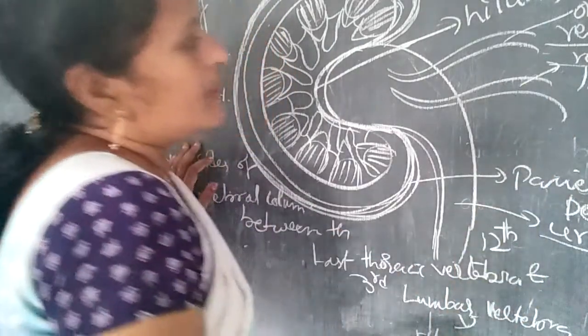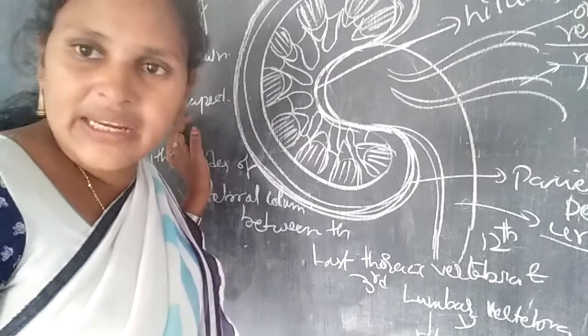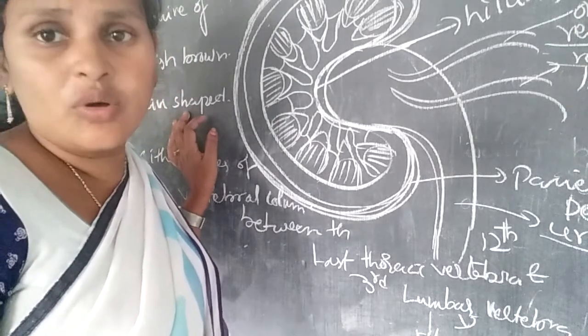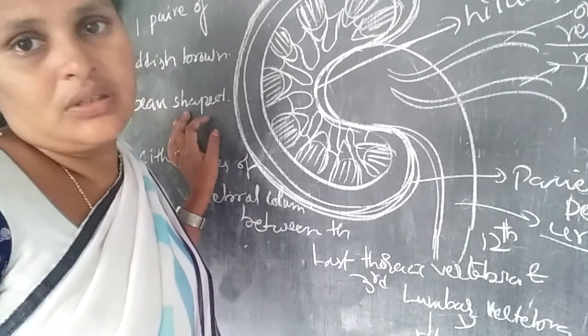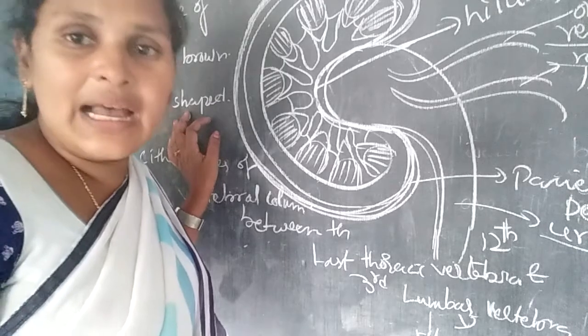So these are the main parts of the hilum: renal artery, renal vein, ureter and some nerves. These open into the hilum, the deep notch on the inner surface.